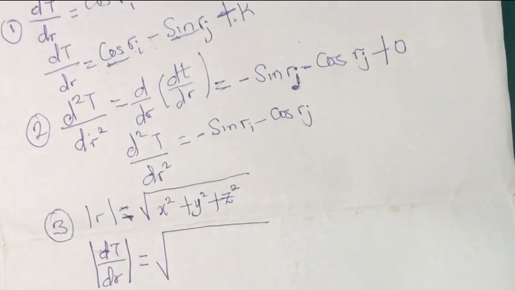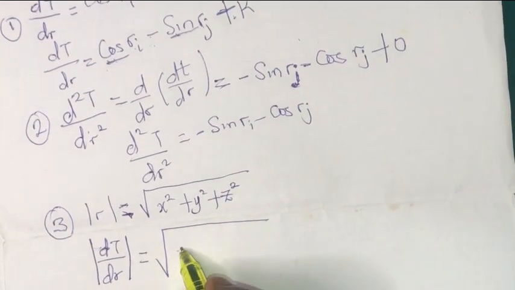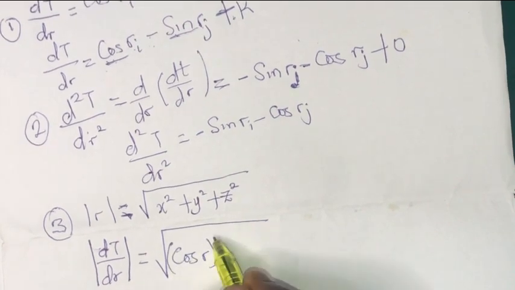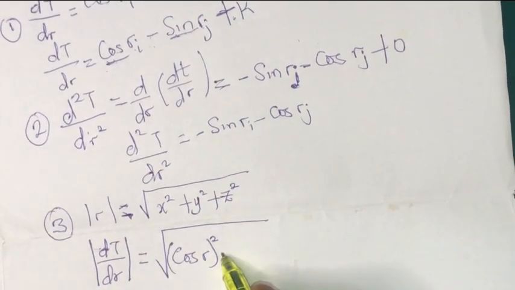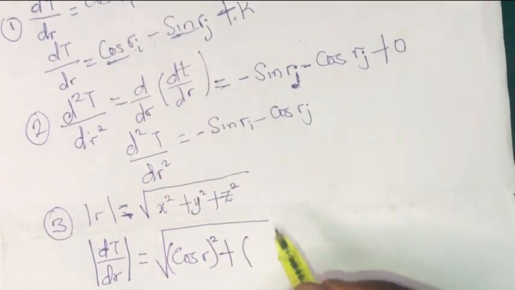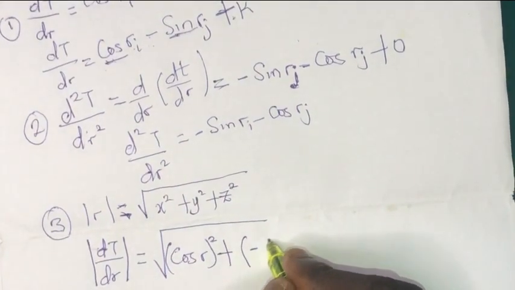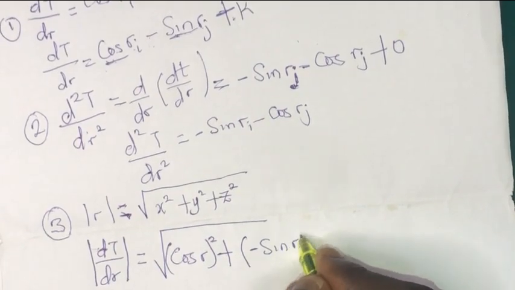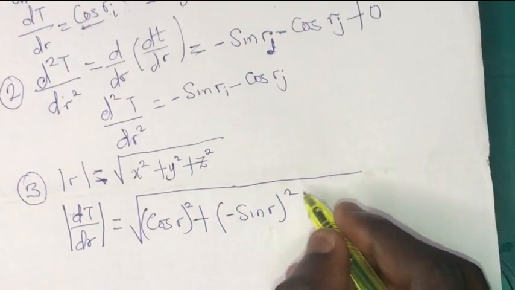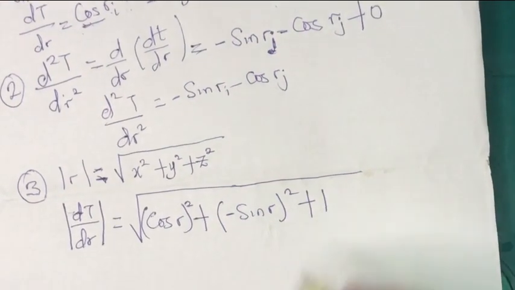It will become the square root of cos t all squared, plus, what's our y? Our y is minus sin t all squared, then plus 1.